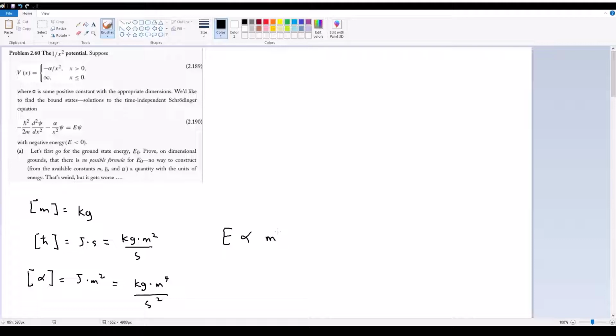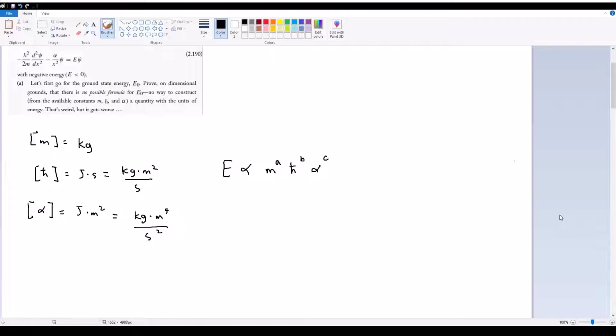So m to some power of a, h bar to some power of b, and alpha to some power of c. If we write this out in terms of SI units, what this tells us is that we have kilograms to the power of a times kilograms times meters squared over second to the power of b times kilograms times meters to the 4th over second squared to the power of c.